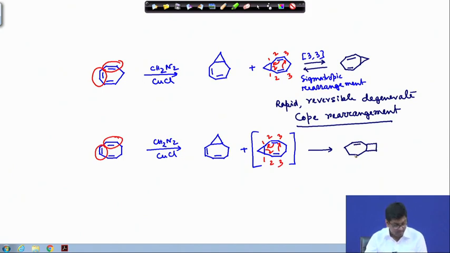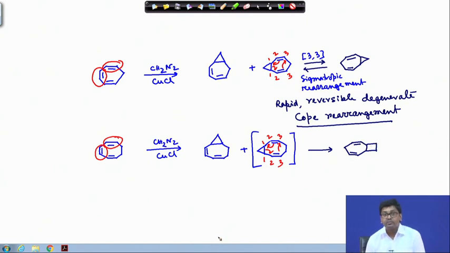Okay. So, in this case, if we see the total number of carbons, that is over here a total of 9. So, if we start from here, 1, 2, 3, 4, 5, 6, 7, and 1, 2, 3, 4, 5, 6, 7, 8, 9.